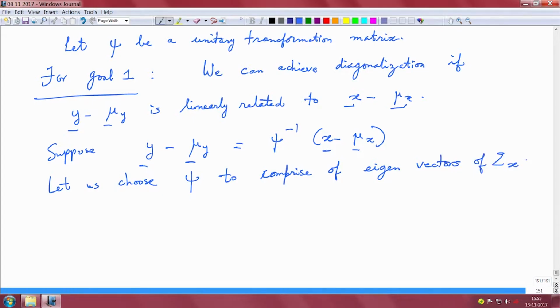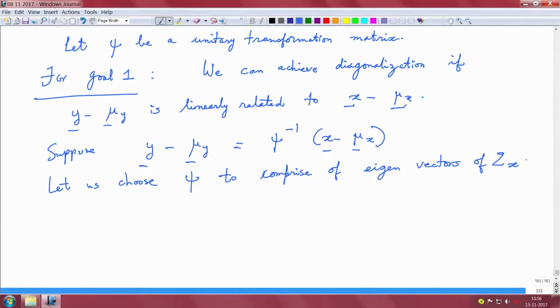So, in a way I have given you the answer for this linear transformation. It is basically stacking all the eigenvectors of the covariance matrix of x, right, but we will arrive that this is indeed the right transformation to choose with the set of optimization constraints that we have.